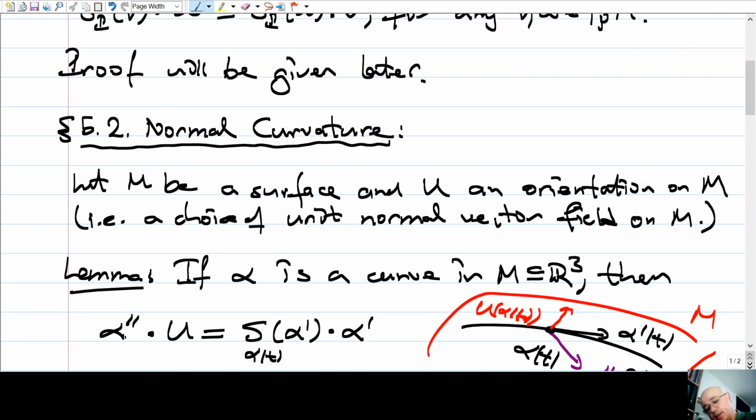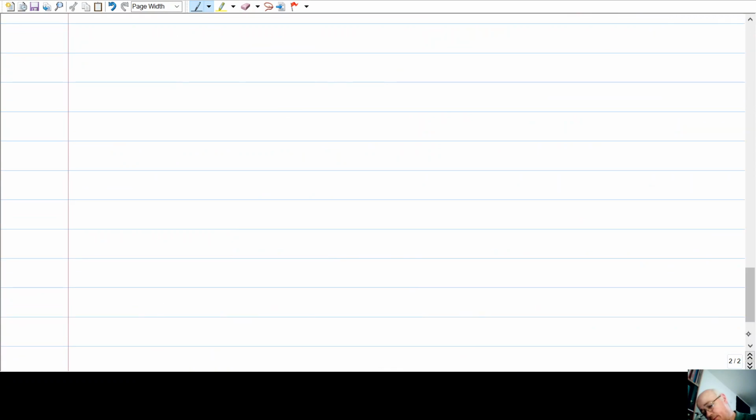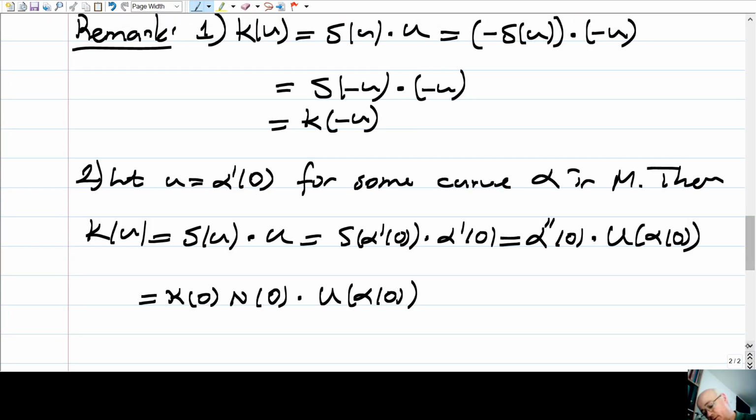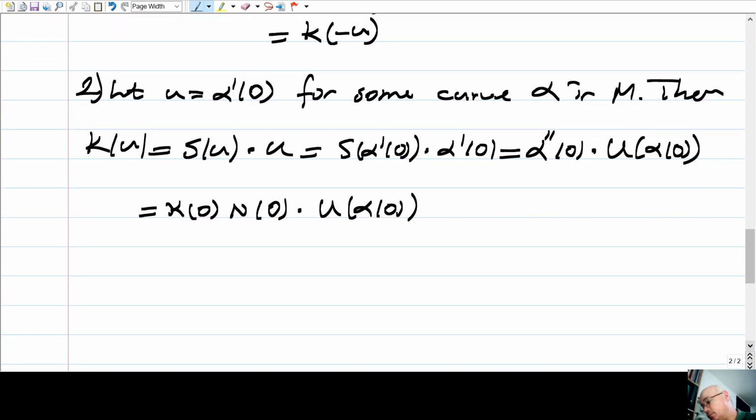The second derivative, acceleration times u, is the shape operator at alpha prime dot product with alpha prime. And this is nothing but k0.